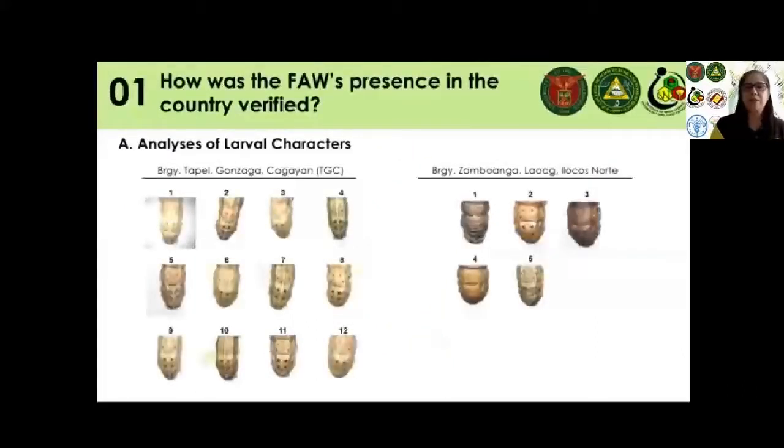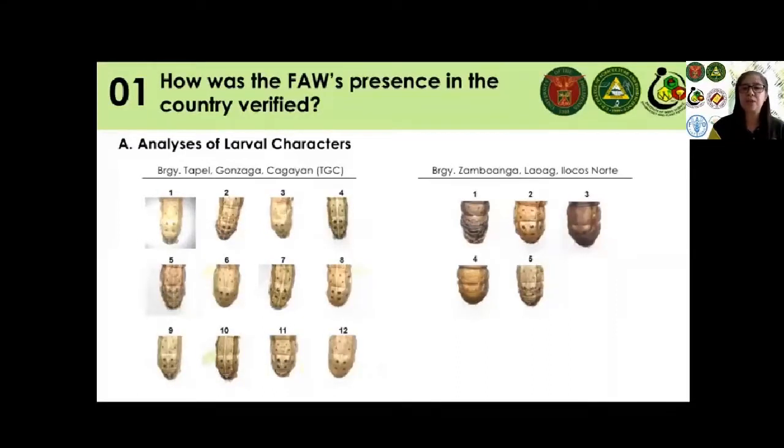The presence of FAW in the Philippines was verified using both morphological and molecular analysis. In 2019, samples from Gonzaga, Cagayan, as well as Laoag, Ilocos Norte were provided to our laboratory by scientist Mario V. Navasero of the National Crop Protection Center.